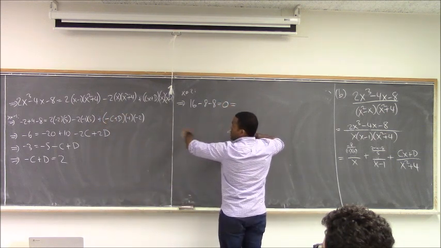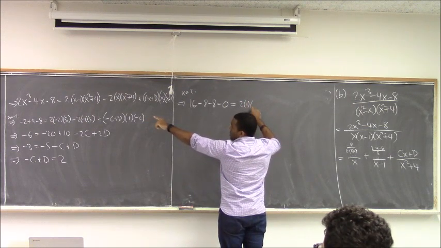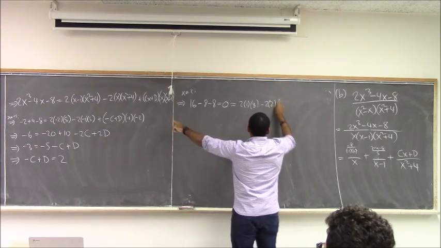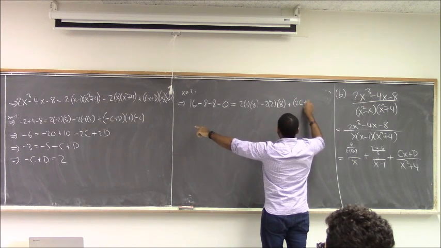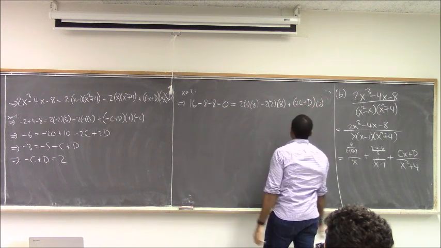And if I plug in 2 over there, I would have 2 times 1 times 8 minus 2 times 2 times 8 plus 2C plus D times 2.